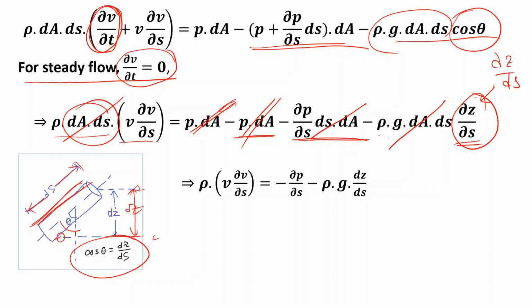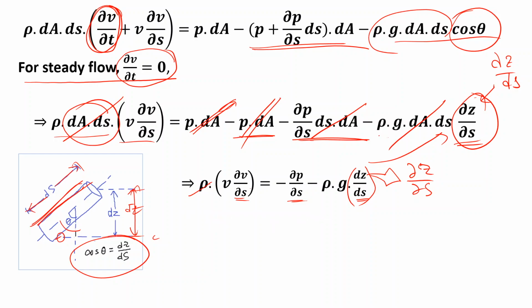Again dividing it by rho into del s, we get this equation. Now we have divided it by rho and multiplied with del s, so we'll get this equation.